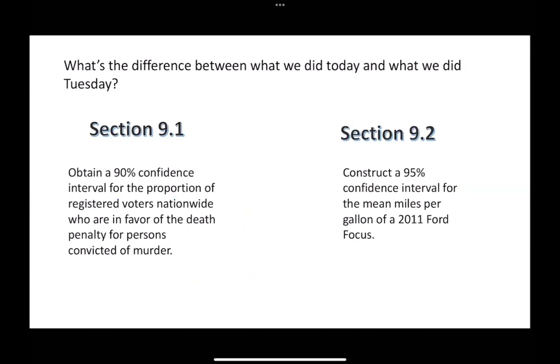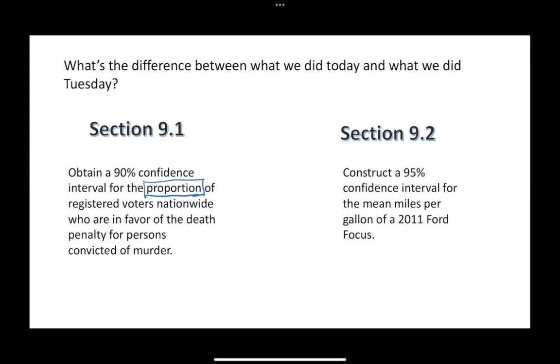Obtain a 90% confidence interval for the proportion of registered voters who are in favor of the death penalty for a person convicted of murder. You're going to see the word proportion in there. And this is where you're going to use Z-scores and that funky standard deviation, the square root of p hat times 1 minus p hat over n, that funky one there.